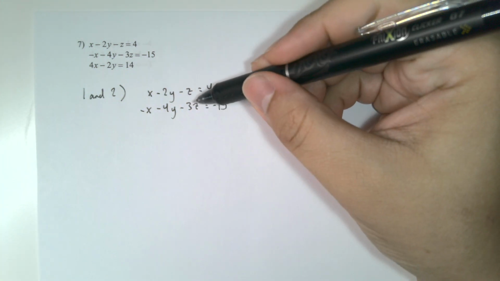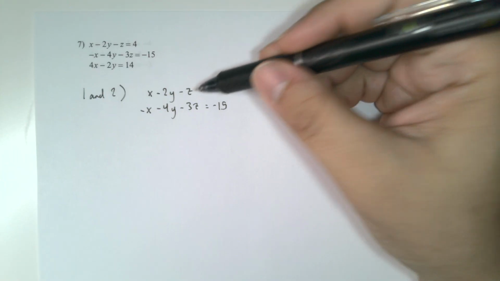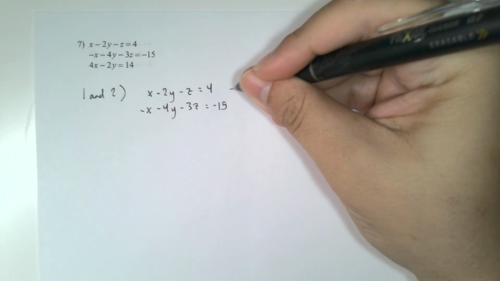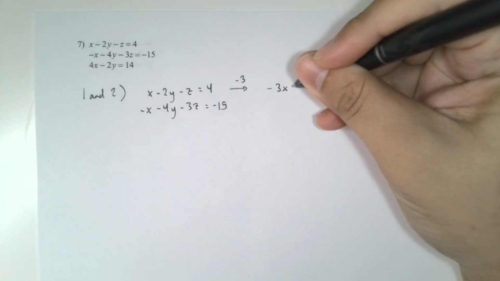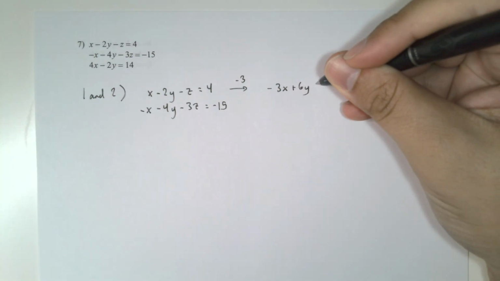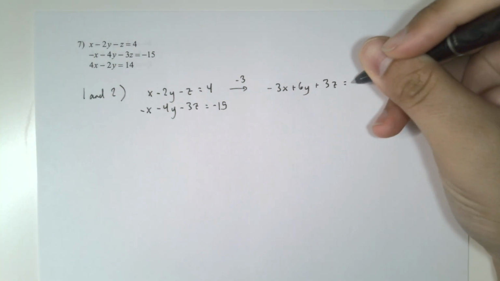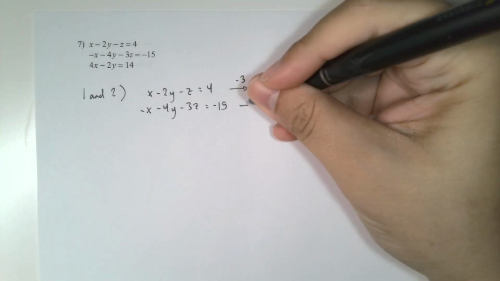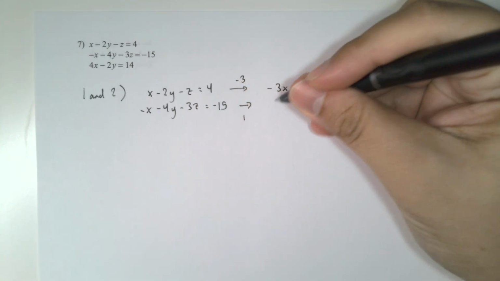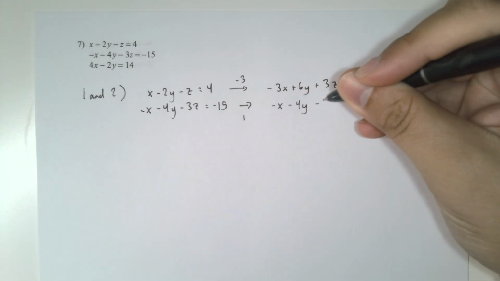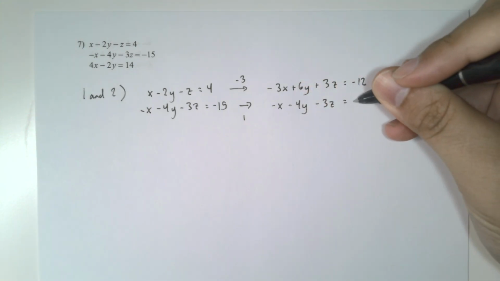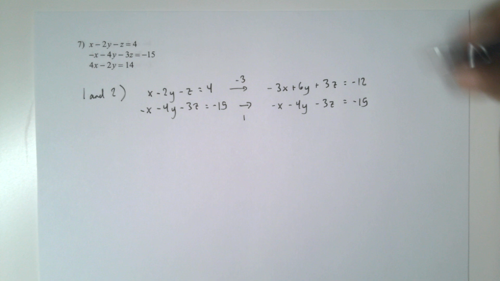And if we try to eliminate z, we can multiply the top equation by negative 3. That's going to give us negative 3x plus 6y plus 3z is equal to negative 12. And if we keep the bottom equation the same by multiplying it by 1, we have negative x minus 4y minus 3z is equal to negative 15.